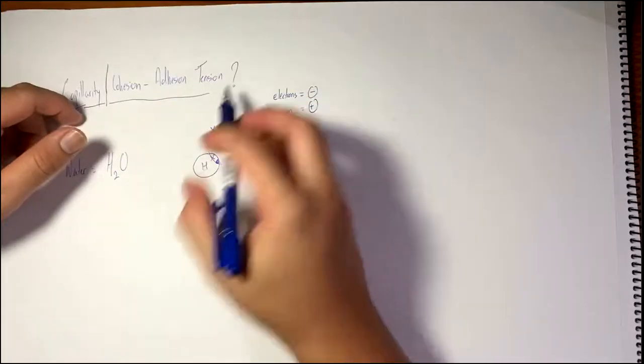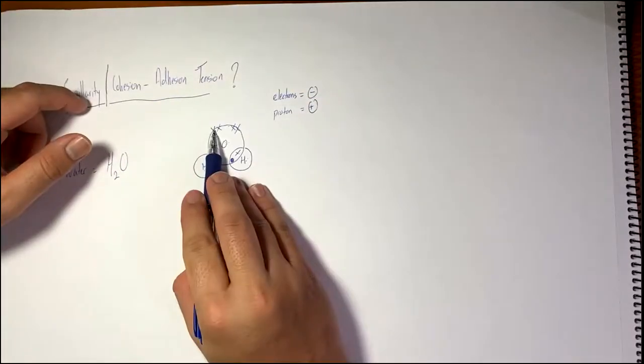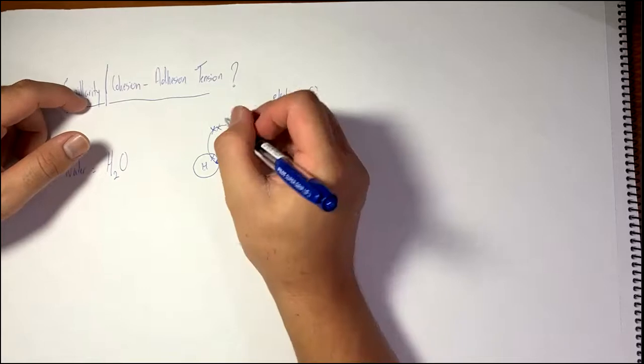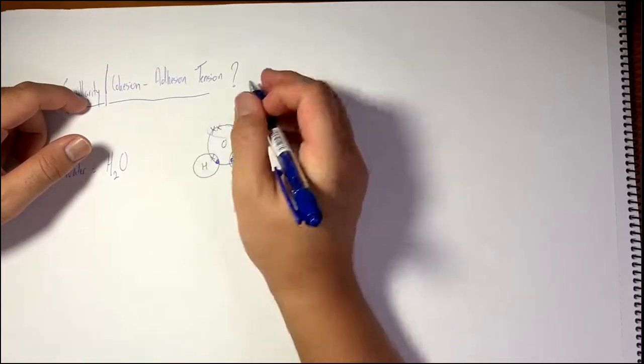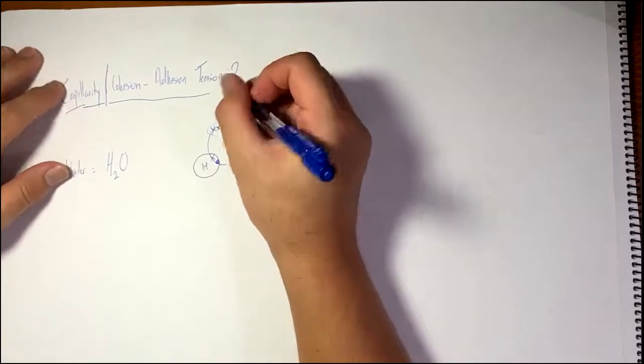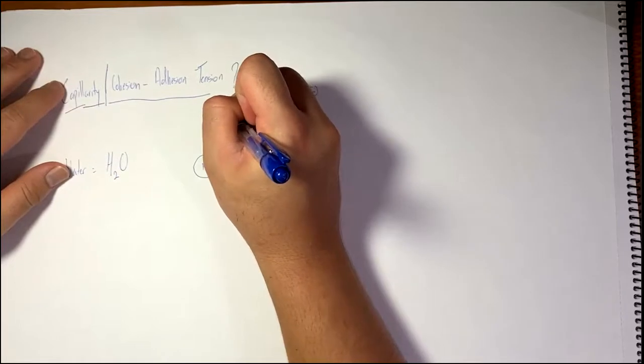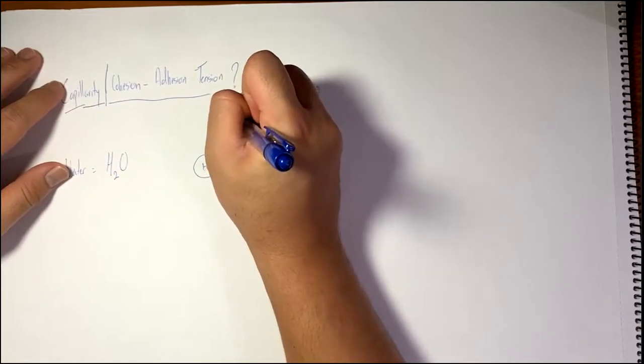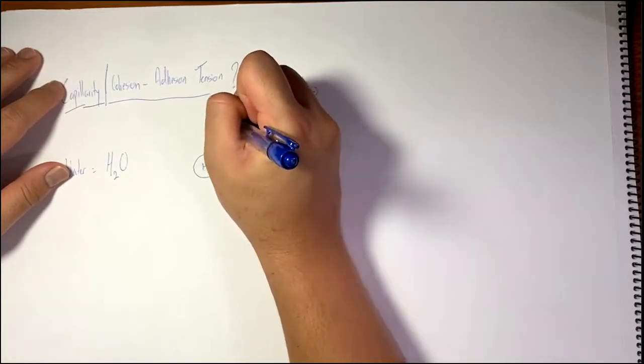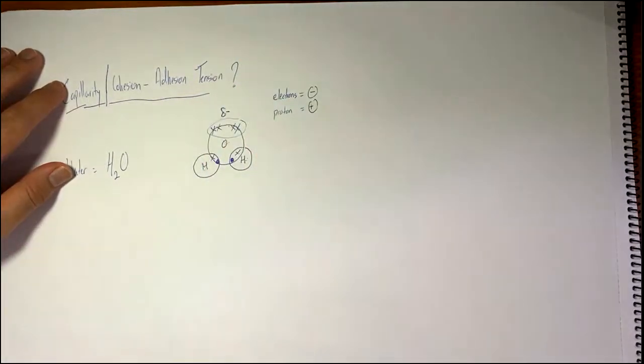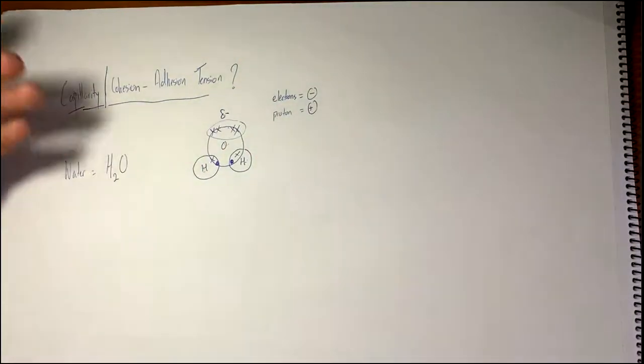But since you have electrons here, at this side there is a localized region that has a slight negative charge. This is what we call delta negative.